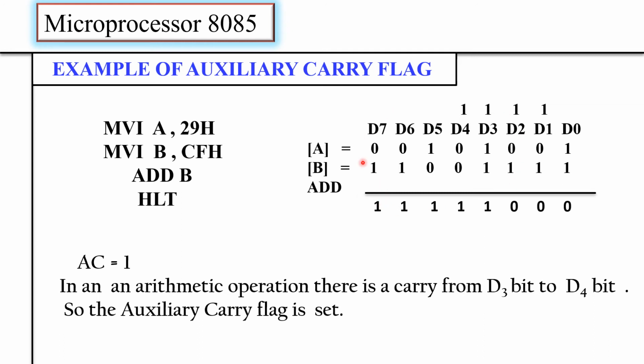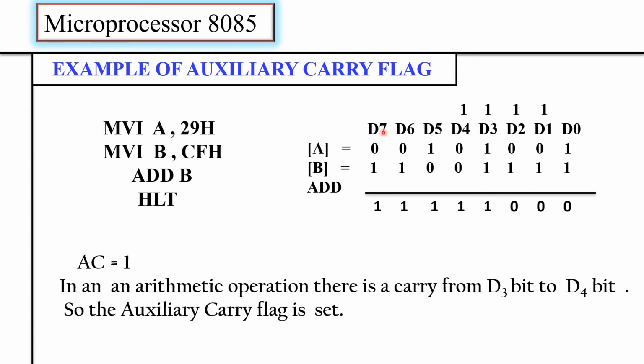So here there is a carry generated from D3 to D4. You can see this carry is generated from bit D3 to D4. When we add the content of D3, 1 plus 1, the sum is 1 and carry is 1.